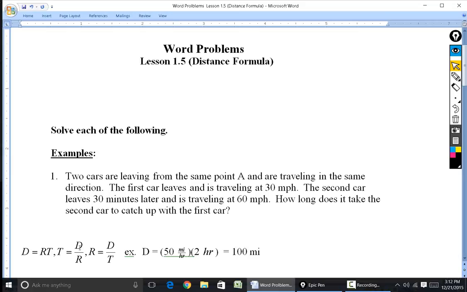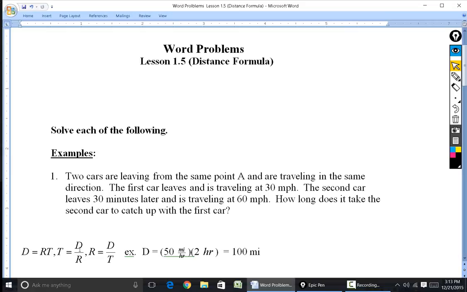For example, if you know you went a total distance of 100 miles, that's d, and you're going at 50 miles per hour, if you divide that out, that gives you the time, 2 hours. In the third equation, if you travel 100 miles and it took you 2 hours, you divide that out, you get the rate, 50 miles per hour.